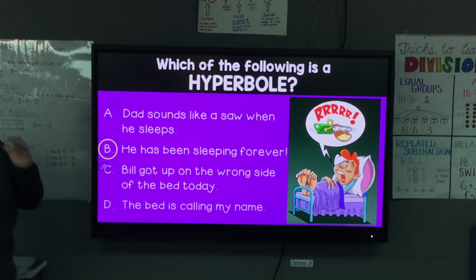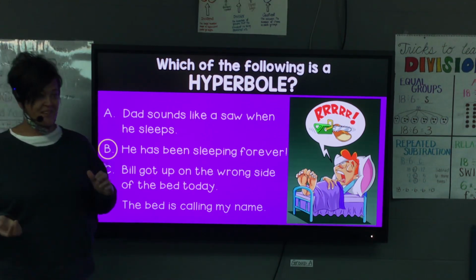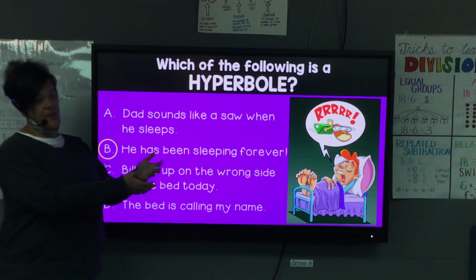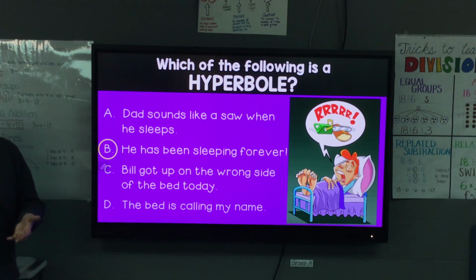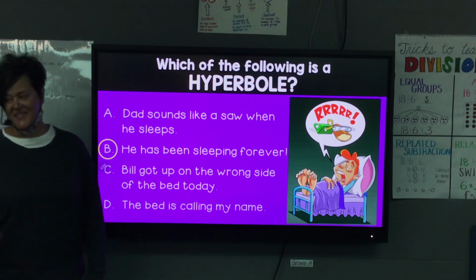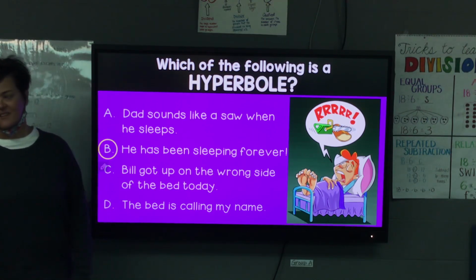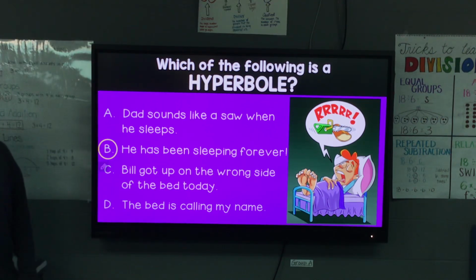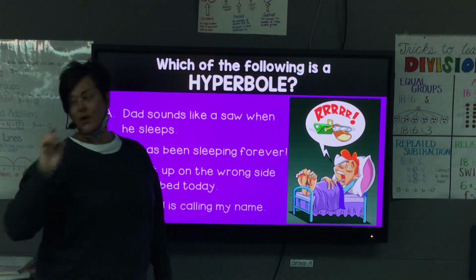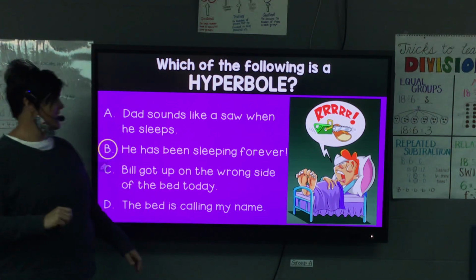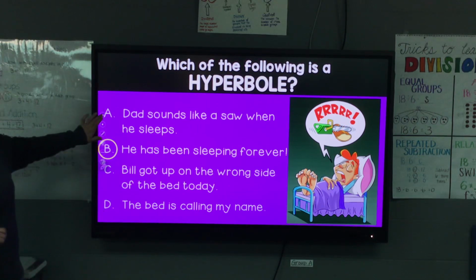Is it a letter? No, because they aren't starting with the same letter or the same sound. Do you remember? Yeah. Do you remember the name of it? Personification. Is that what you were thinking? Personification. Exactly.